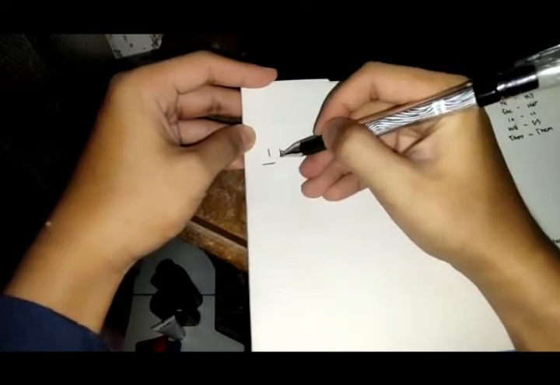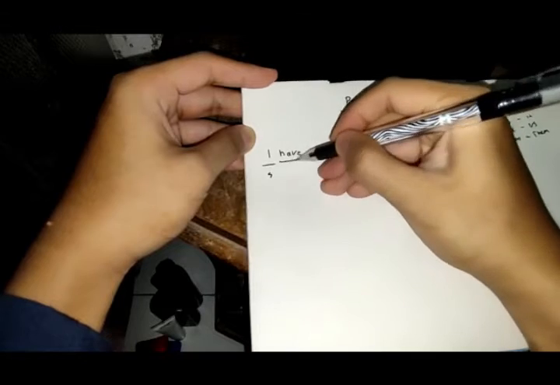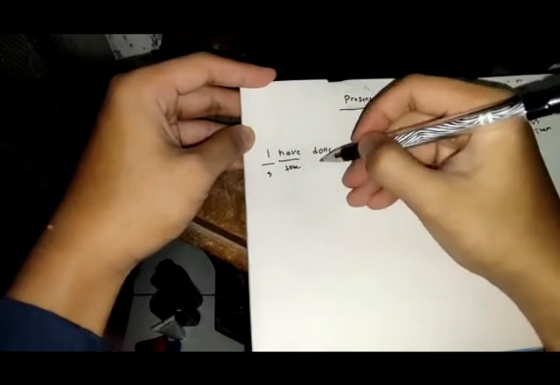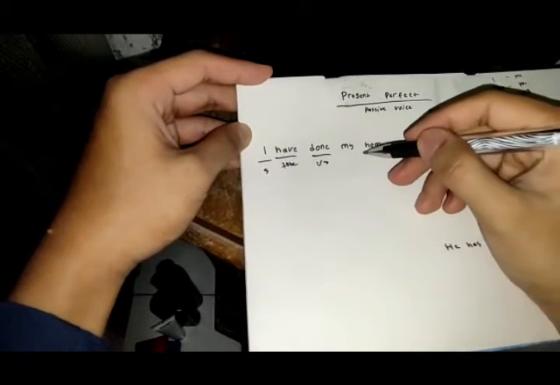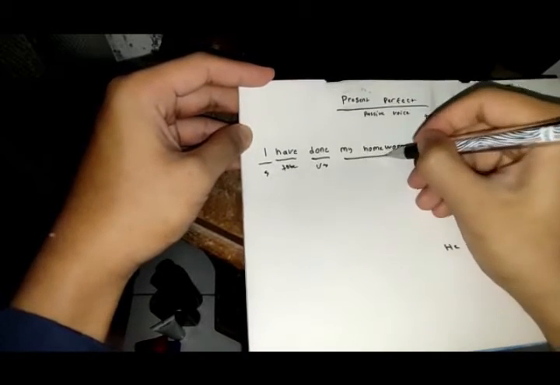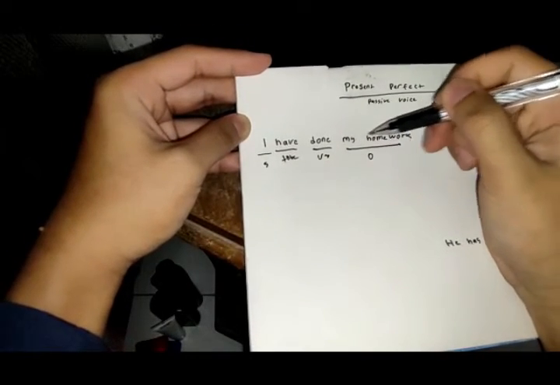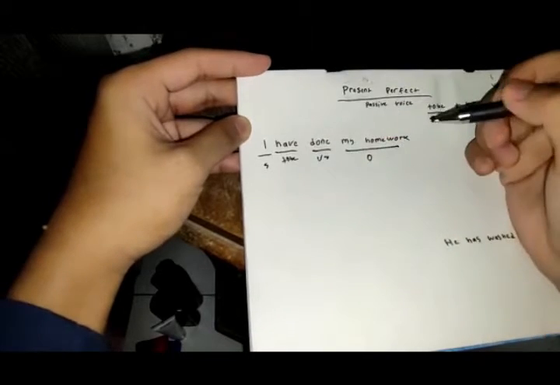I, subject. Have, to be. Done, verb 3. My homework, object. So as we know, the object is my homework and I is the subject.